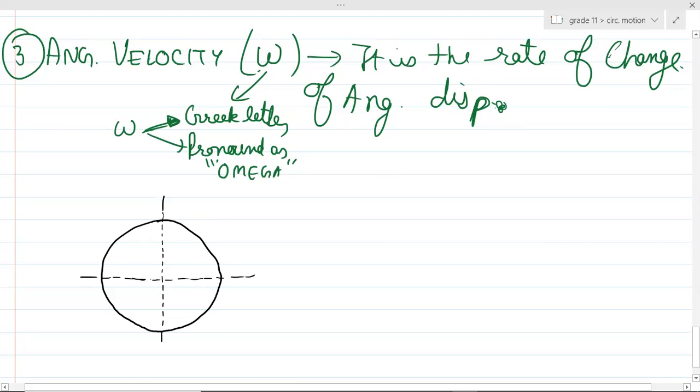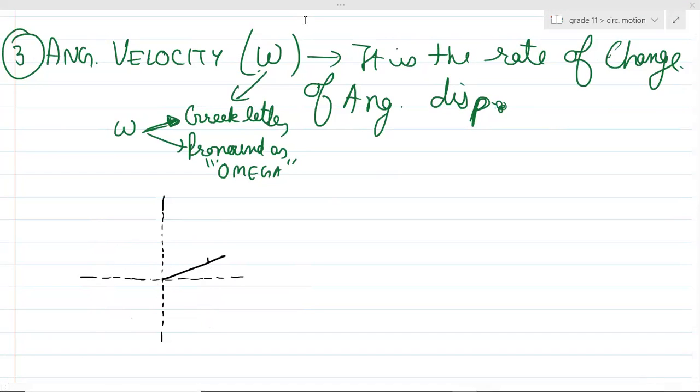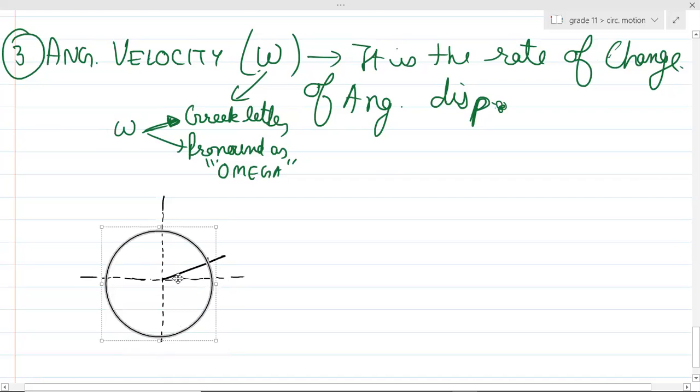So guys, suppose there is this object whose initial position is... so suppose guys there is this object which is initially over here at t equals to 0 at point A, if you want to name it point A. What is the initial angle?